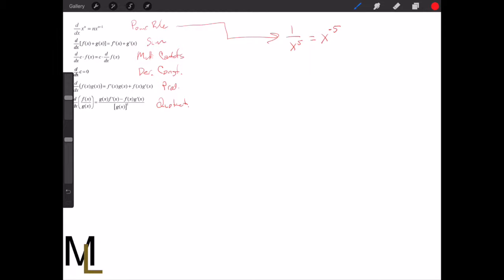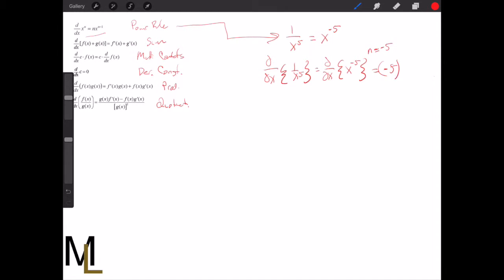And what happens in this case is, let's say we want to find the derivative of 1 over x to the 5th. Well, like we just said, that's the same as derivative of x to the minus 5. Okay, and then in this case, we're going to need to apply the power rule, but n is equal to minus 5.